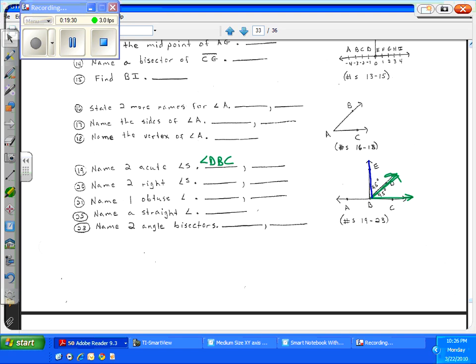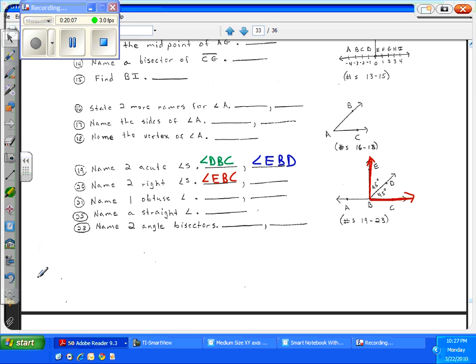Another acute angle is this other 45-degree angle adjacent to it, and its name is angle EBD, which we could have also called angle DBE. Now we know that if those two are 45, then the sum of 45 and 45 is 90, so that must be 90 right there, which means that that is a right angle, and its name is angle EBC, or we could have called it angle CBE.